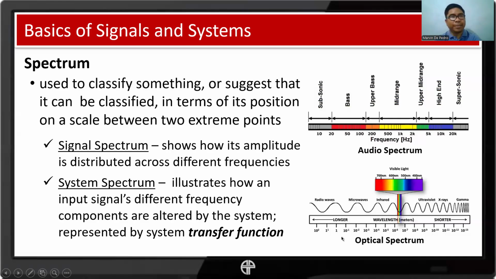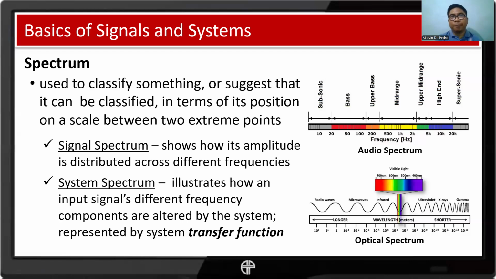At the same time, we can be more specific when it comes to spectrum. We can refer to the signal spectrum, the spectrum of the signal itself, or we can refer to the spectrum of the system.